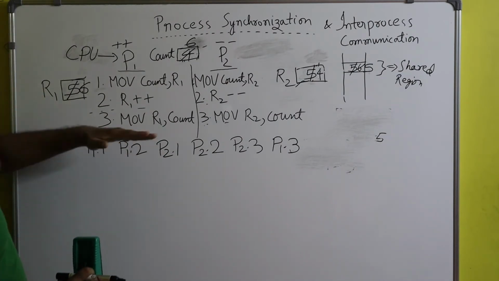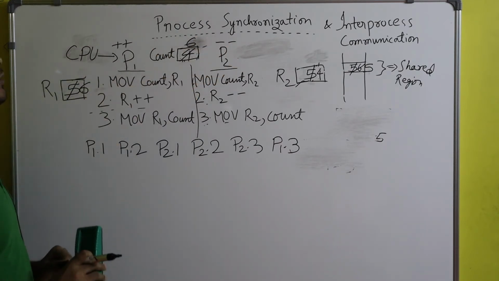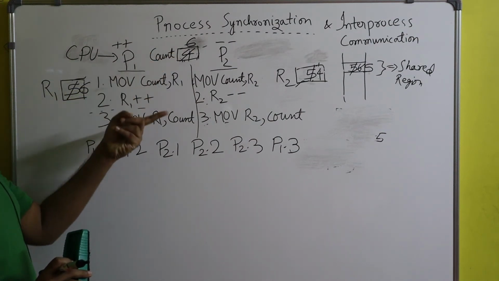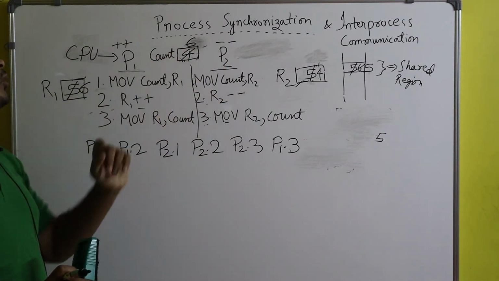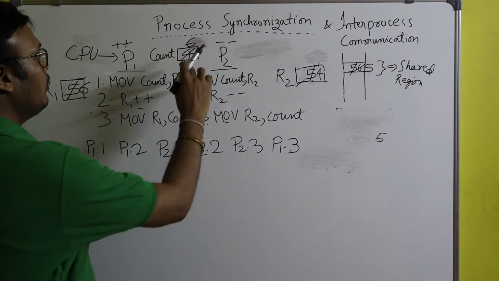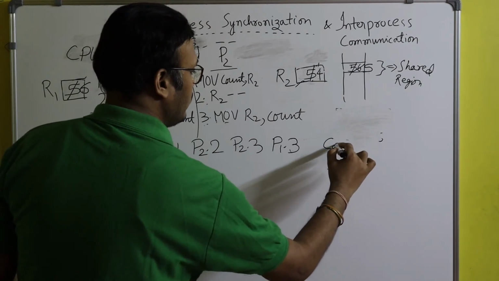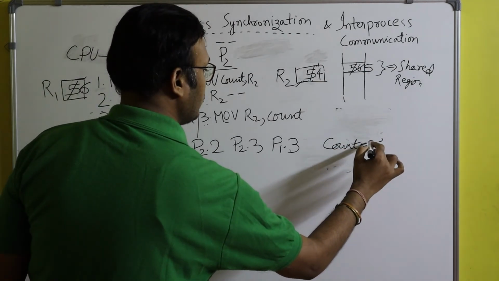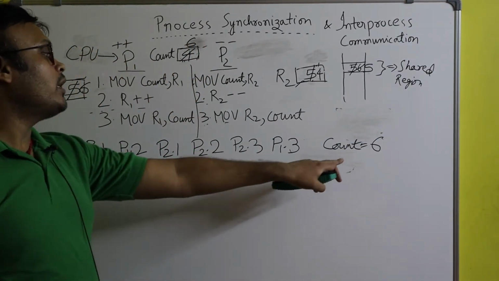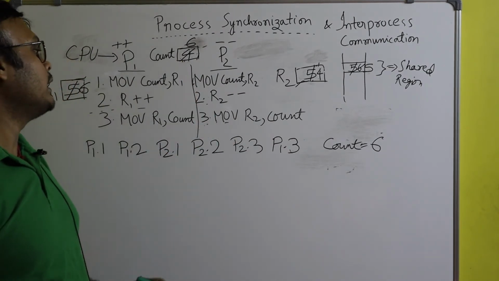Because at line number 2, the process got preempted and the CPU was given to process P2, before P1 could update the value of count. So this created trouble, and ultimately we got a value of count as 6. But we were expecting 5, and unfortunately it's 6.